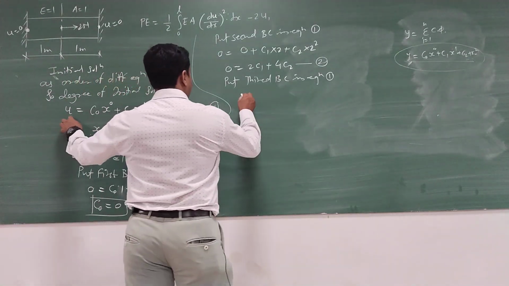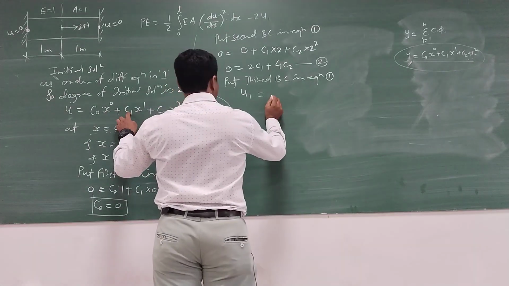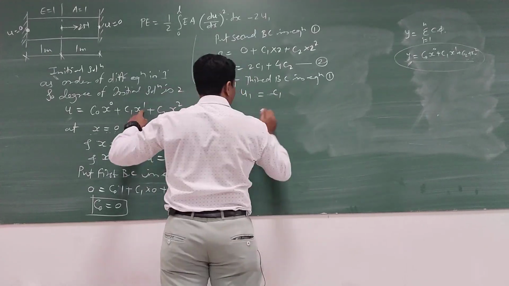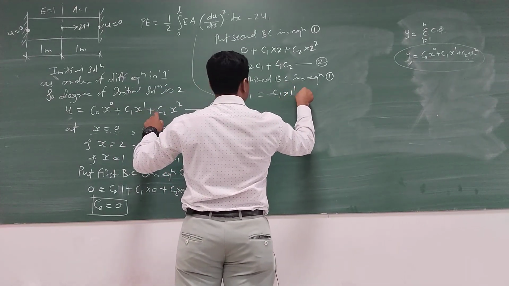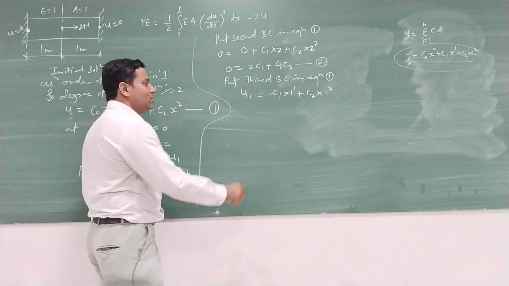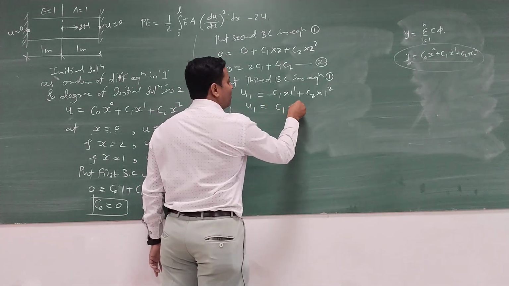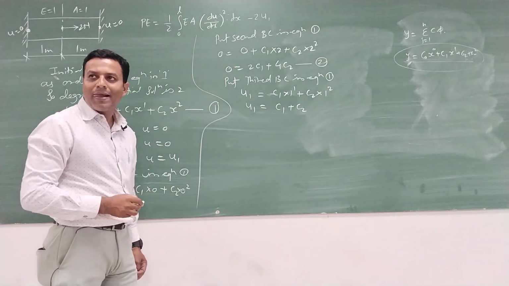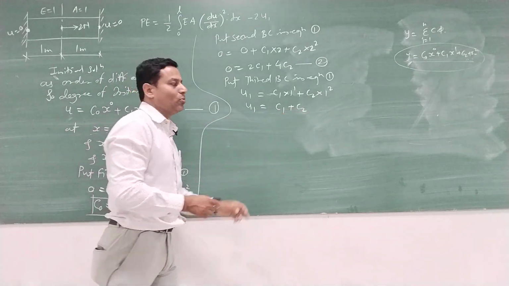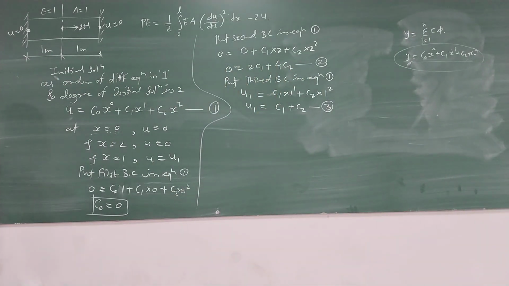So put here u1 is equal to c naught is 0 plus c1 x raised to 1, x is 1, so 1 raised to 1 plus C2 into 1 raised to 2. So U1 will be equal to C1 plus C2. कळलं हे तुम्हाला? U1 will be equal to C1 plus C2. Mention this as equation number 3.